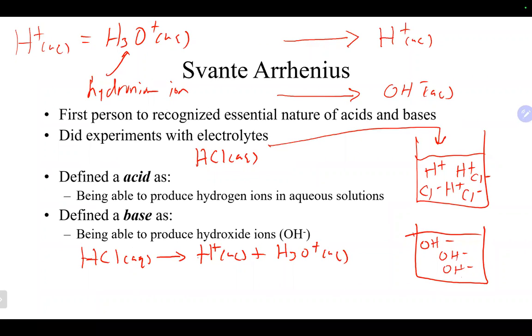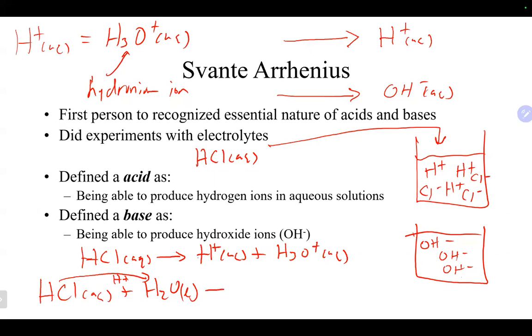Now, you could also write this showing the water's involvement in this reaction. Even though it's really not doing much other than letting it break apart, it's still there. And you could write HCl plus water. What's going to happen is the HCl is basically going to toss off an H plus over to water.